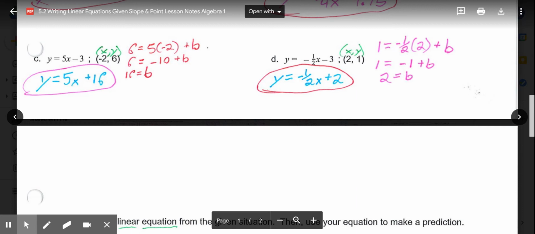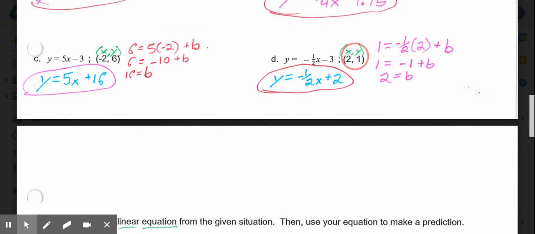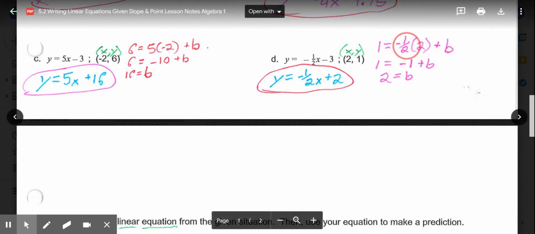And then in D, we have y = -1/2 x - 3, passing through the point (2, 1). So we know our slope is -1/2, and x and y are 2 and 1. So 1 = -1/2 times 2 + b. 2 times -1/2 is -1.